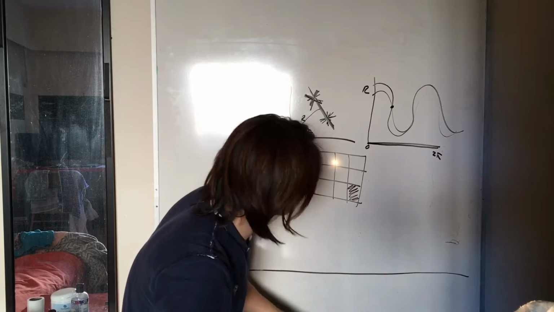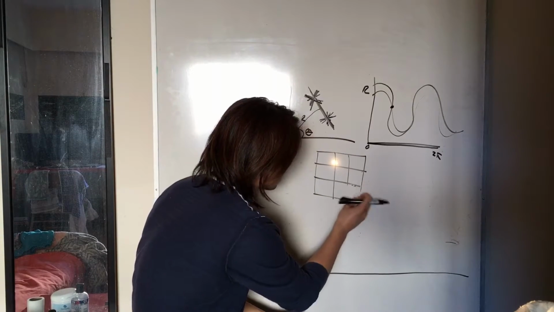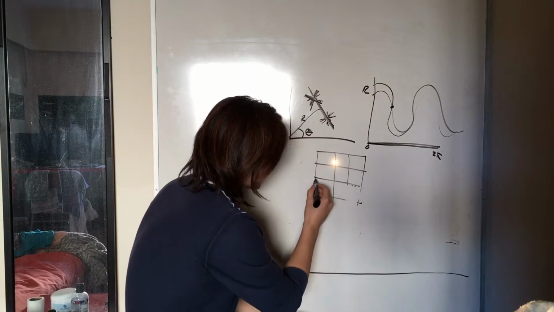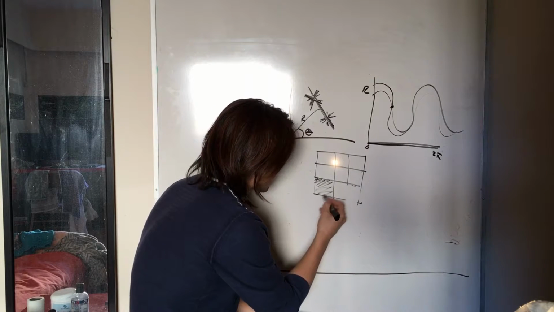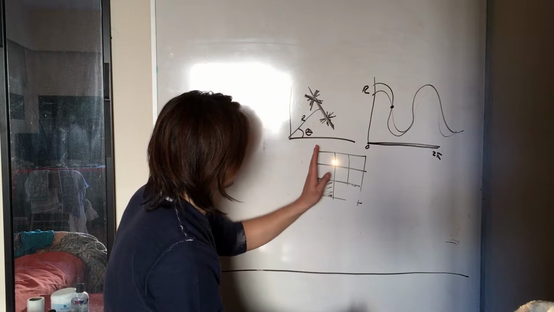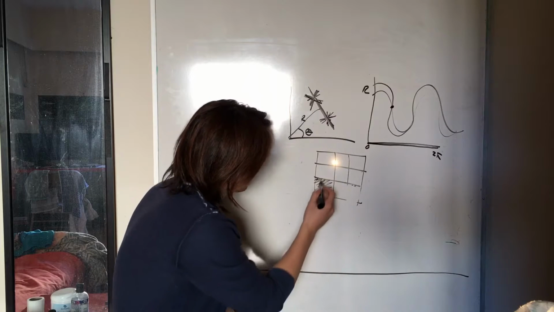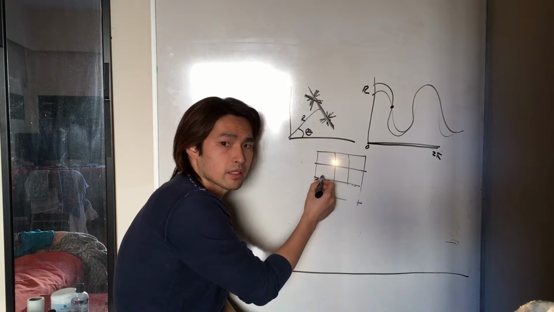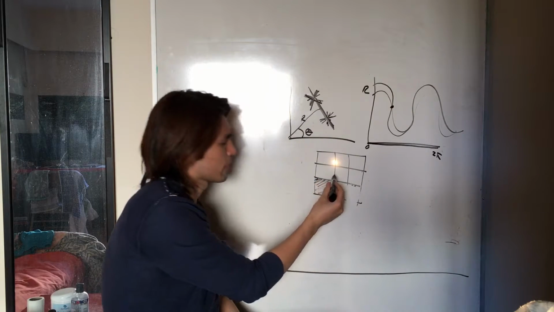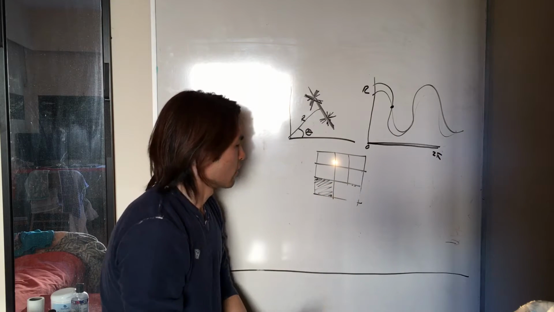Let's try the other one. So this is our origin, and then we go 20 degrees. So do I color this space, or do I color this space, right?